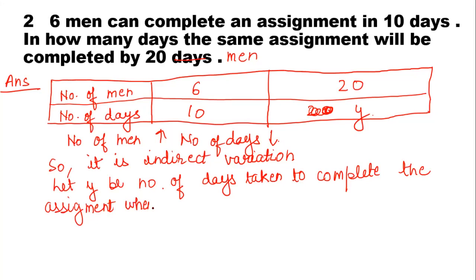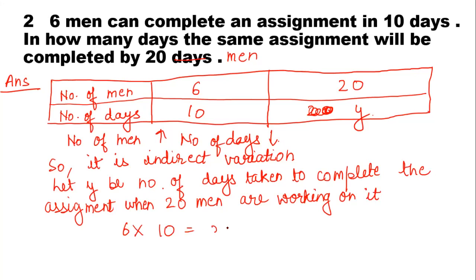when 20 men are working on it. 20 men जब वर्क करेंगे तो कितना टाइम उसको लगेगा टू कंप्लीट द असाइनमेंट? ये प्रोडक्ट इक्वल होते हैं, तो 60 डिवाइड बाय 20 is equal to y, so you get 3 days.